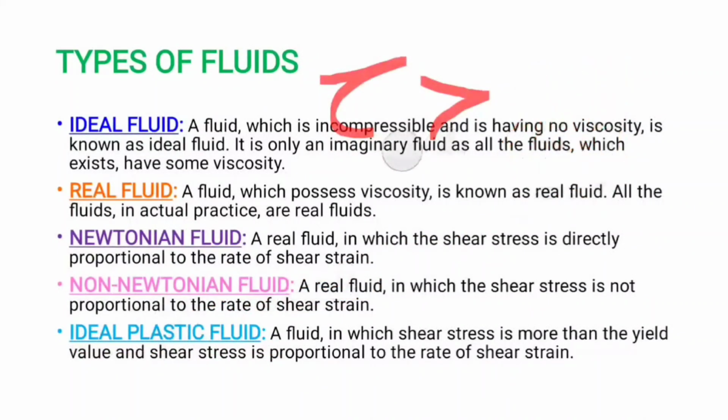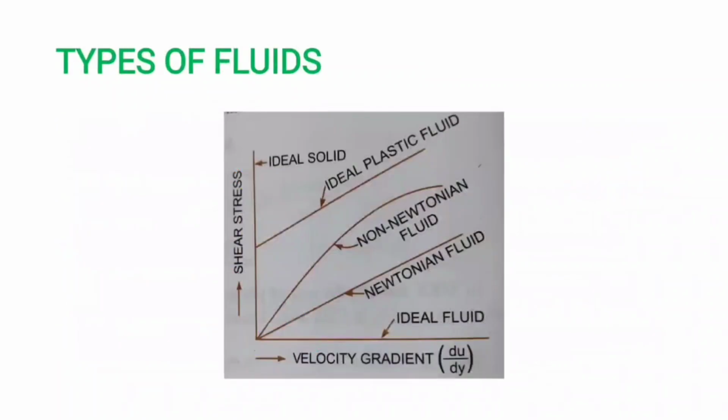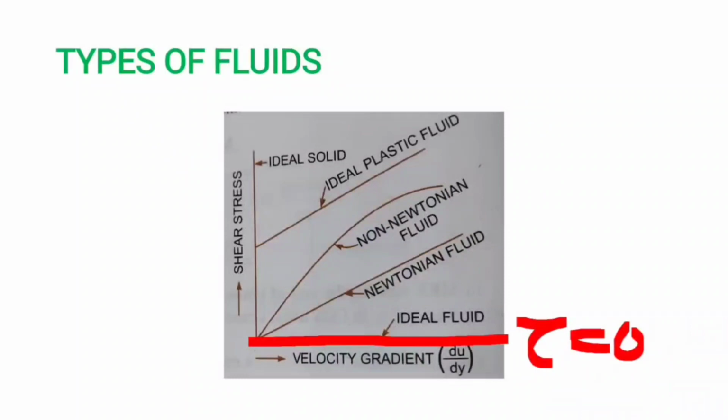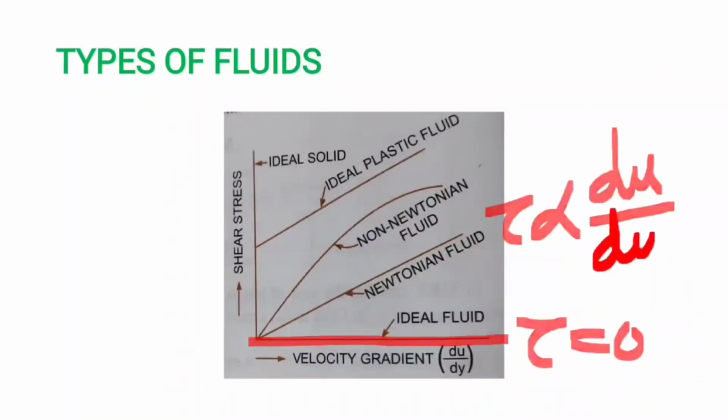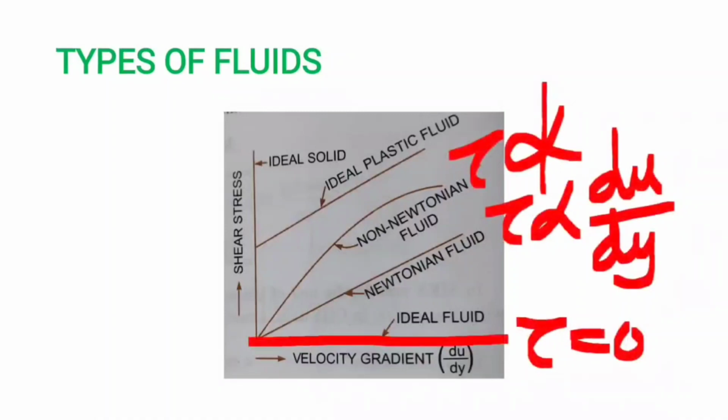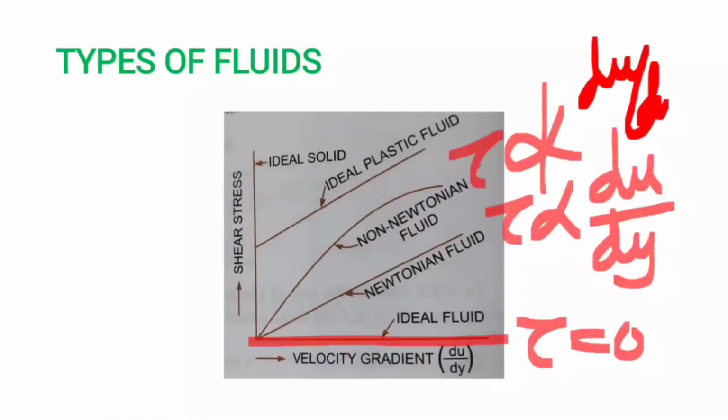Types of fluids: ideal fluid means no shear stress, tau is 0. Newtonian fluid, tau is directly proportional to du by dy. Non-Newtonian fluids, tau is not proportional to du by dy.